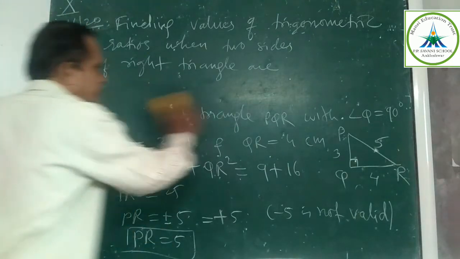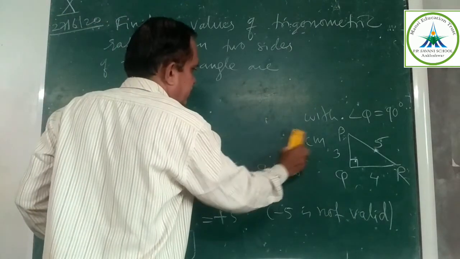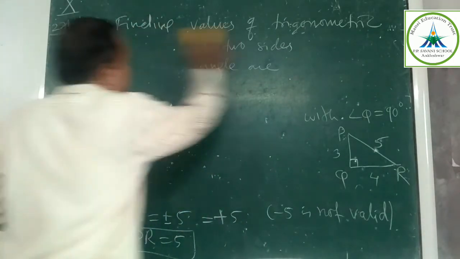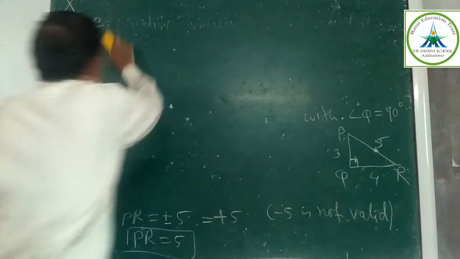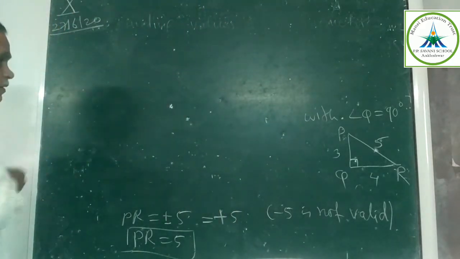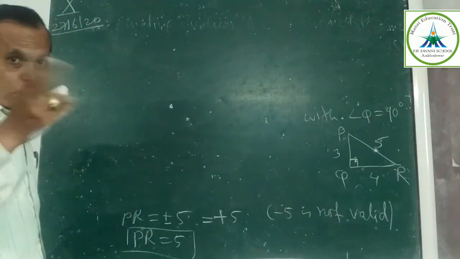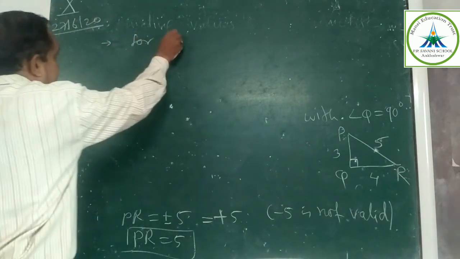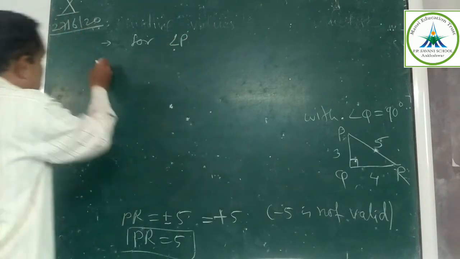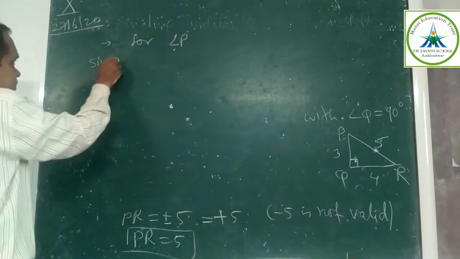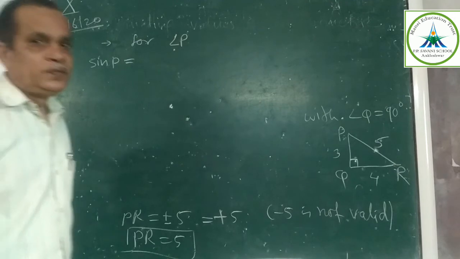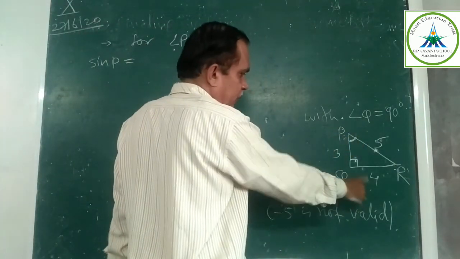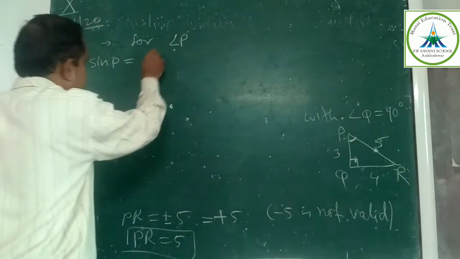Okay, now start. Students, please. We are given three sides. Now, you have to write ratios. How many acute angles are there? Two acute angles. For acute angle P, you will write yourself: sin P equal to perpendicular upon hypotenuse.